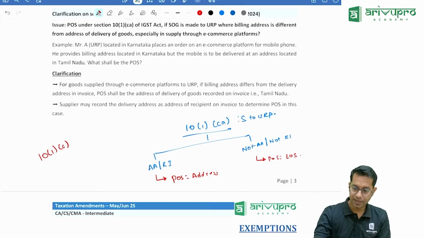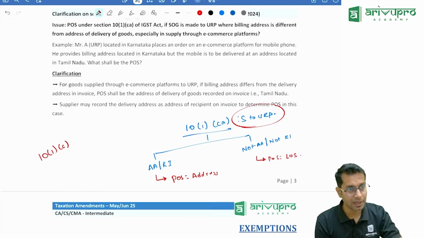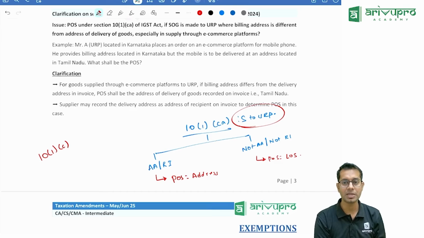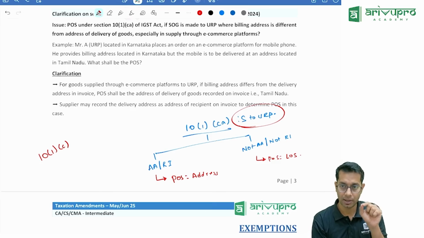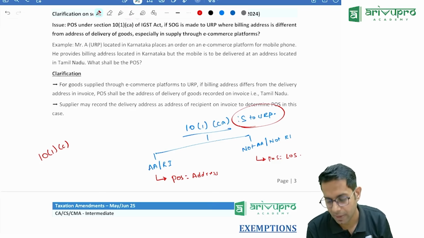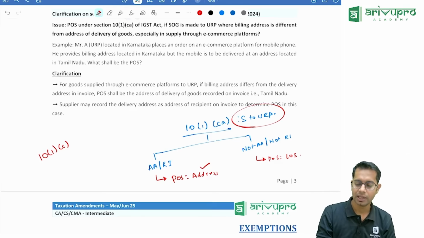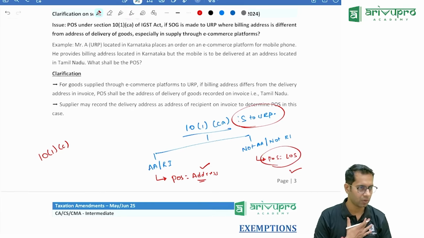But if it is sold to an unregistered person, he comes to Priya Sarees and says, sir, I want the sari, I want an invoice, and give me the invoice with my address on it. If I give the invoice with address, then the place of supply will be whatever address is mentioned. If I give it without address, the place of supply will be my location.